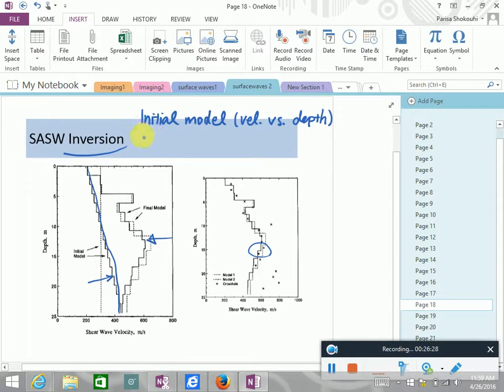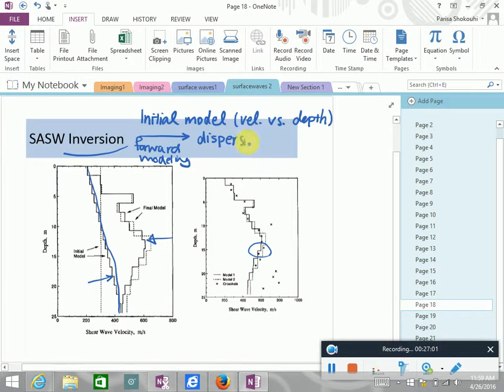Then you do forward modeling, that's numerical modeling. Just like tomography. When I say forward modeling, I mean that you assume you have this kind of material, you assume you have this source, you assume you have these receivers. You record numerically what would be the response in every receiver. And then, as if these were real data, you do dispersion analysis.